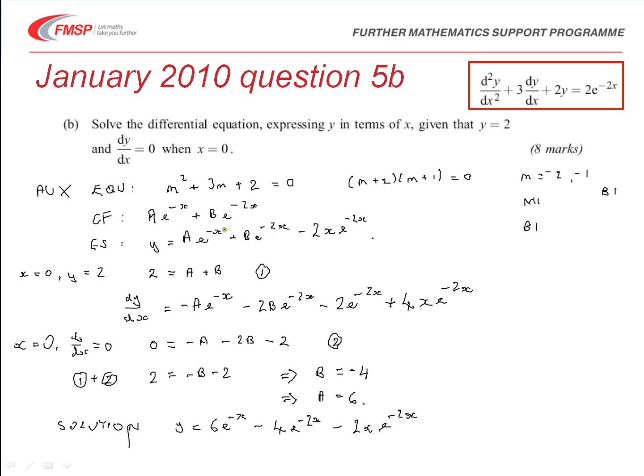Obtaining the fact that a + b = 2 when you substitute x as 0 and y as 2 will give you a mark. Realising that you've then got to differentiate in order to be able to substitute the second conditions in, and getting the correct result there will give you a mark.